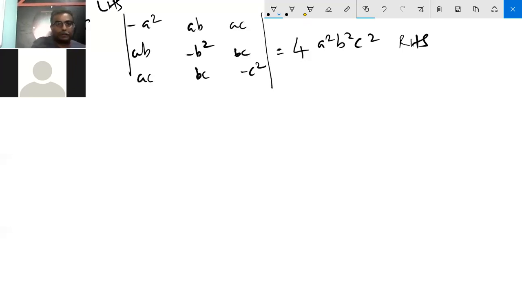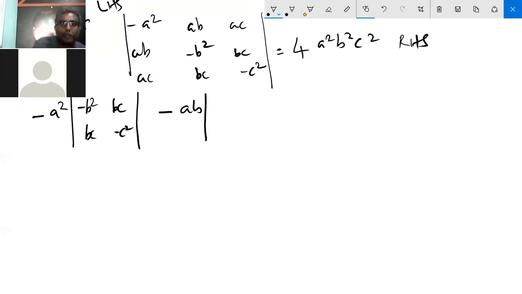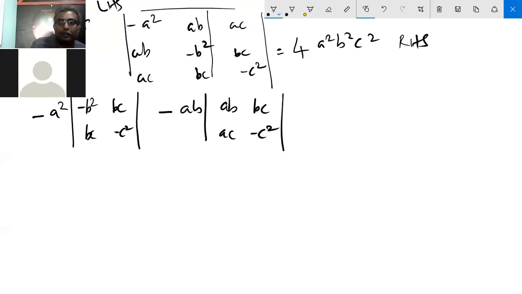Just expand. Okay. Minus a squared into minus b squared times minus c squared, bc times bc, minus ab into this and this will go off, ab bc ac minus c squared, correct? Then plus ac into this and this will go off. That means ab minus b squared, ac bc.